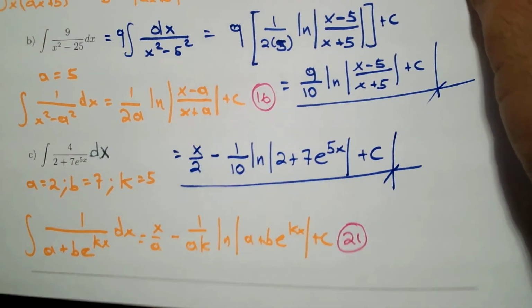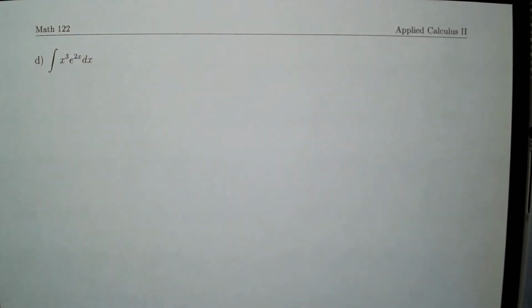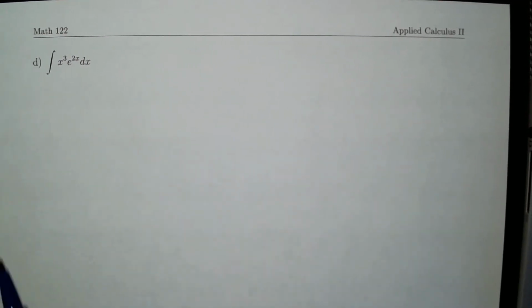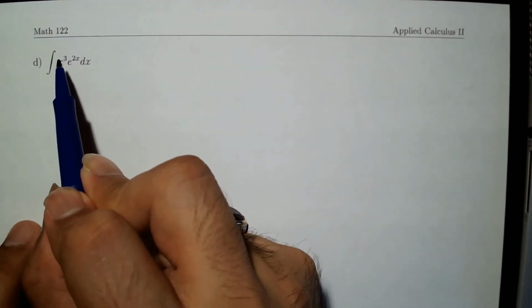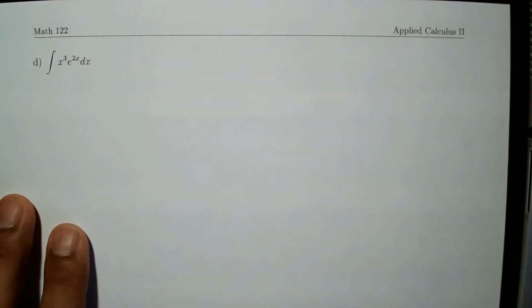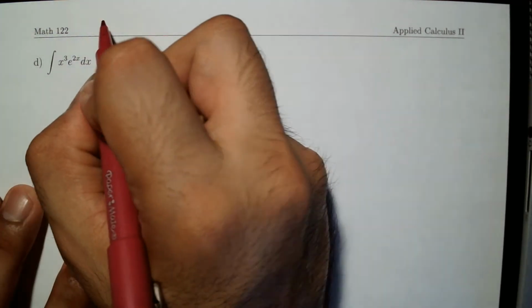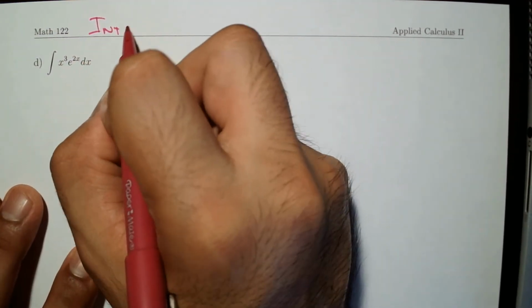The next example will steer us into some sort of a different direction. In this case, to look for a reduction formula. If you look at this form, it might look familiar already from the previous section, integration by parts. Okay, so let me write that down. Integration by parts.